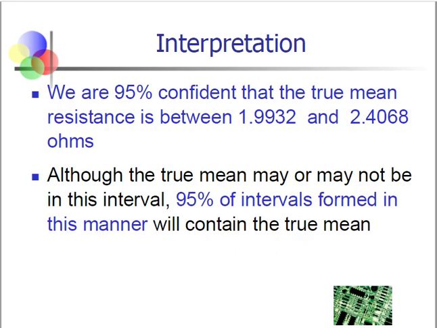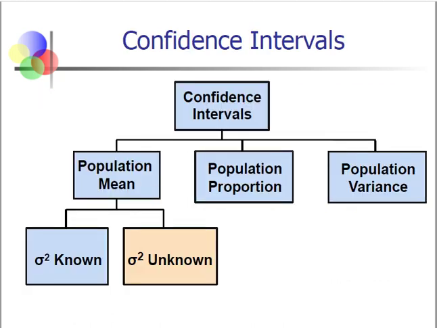This just means that we are 95% confident that the true mean resistance is between 1.9932 and 2.4068. Now we look at the next case, when the standard deviation is unknown.